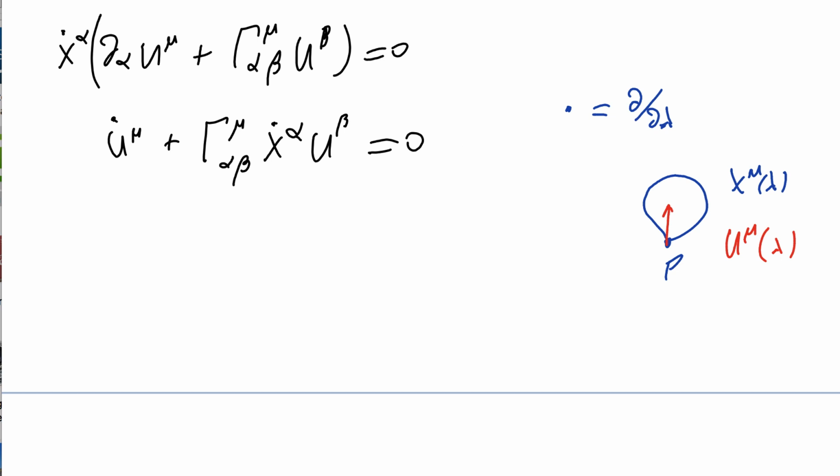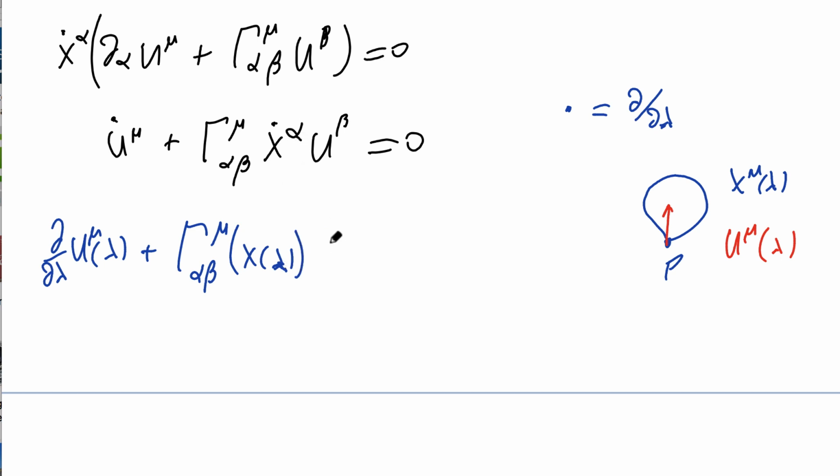Right, so this equation is actually, in more detail, the derivative with respect to lambda of u mu of lambda plus gamma mu alpha beta, and the Christoffel symbols are evaluated along the loop. So these are functions of the space-time coordinates, which are in turn functions of lambda. Then x dot is partial x with respect to lambda, and u is a function of lambda.